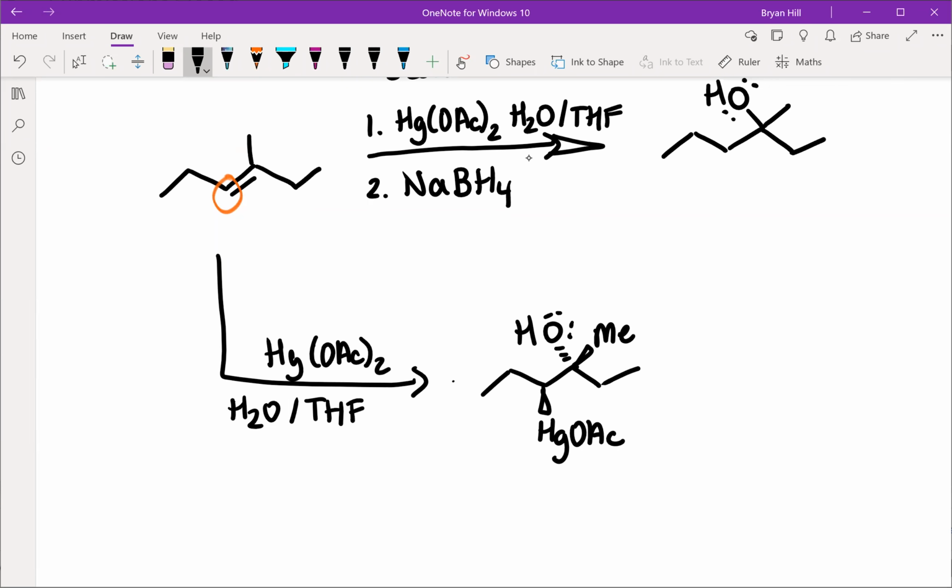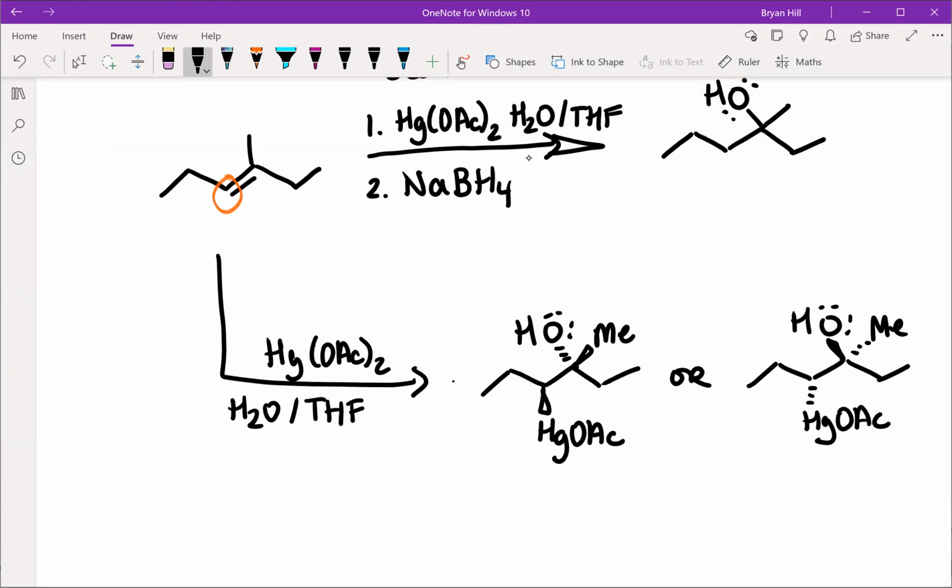The correct answer would be this, or it would be this. So you have to have the OH on the more substituted carbon, and then you have to have the mercury substituent and the hydroxyl group on opposite sides.